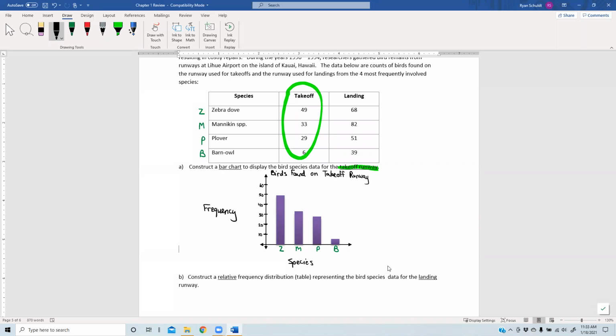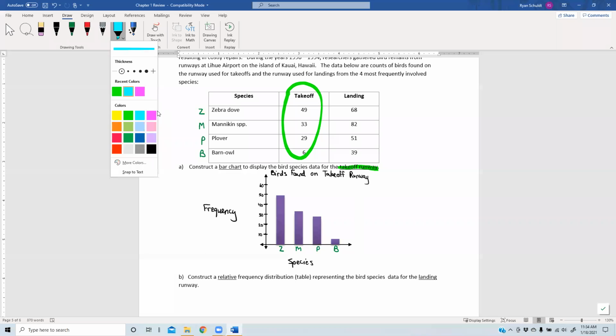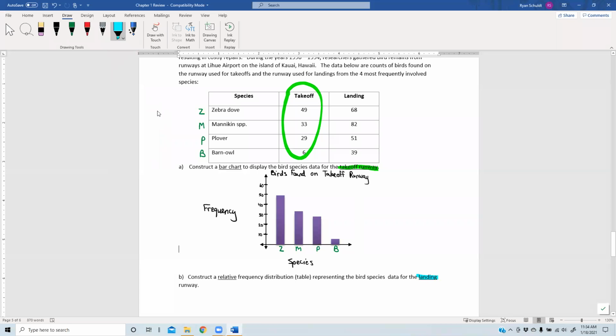Okay, there's our bar chart. Now it asks us to construct a relative frequency distribution or table representing the bird species on the landing runway. So we're going to be dealing with landing here for part B.